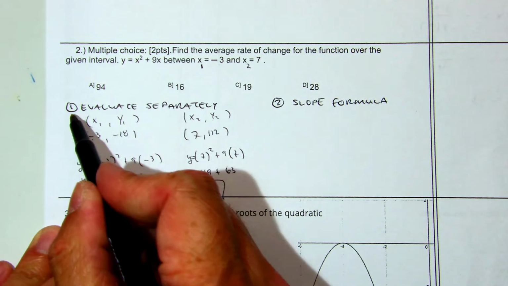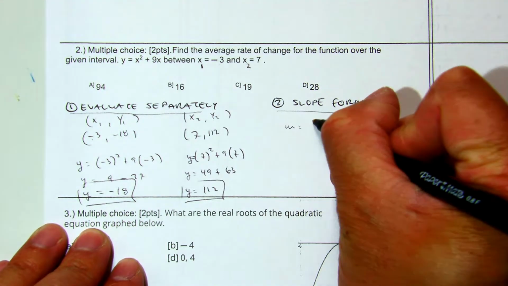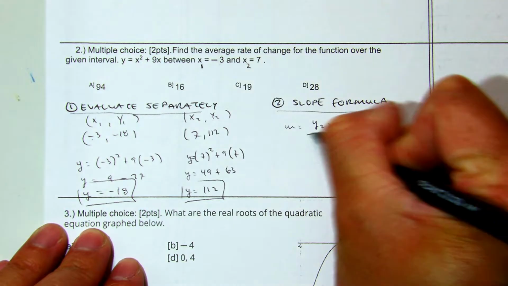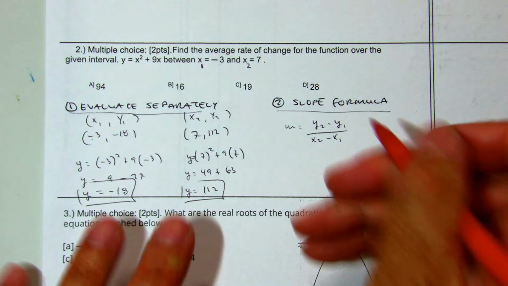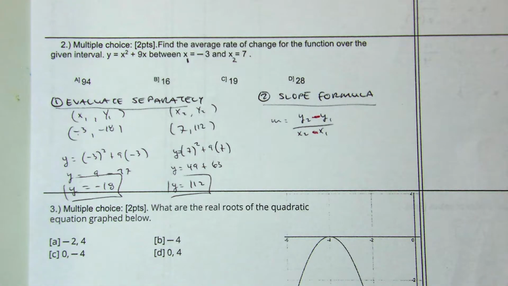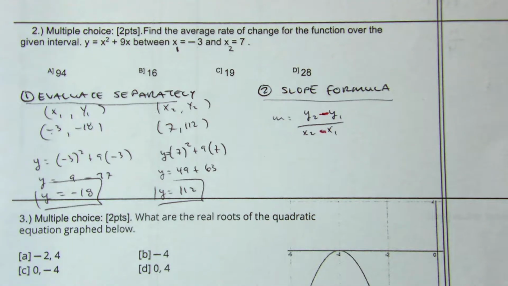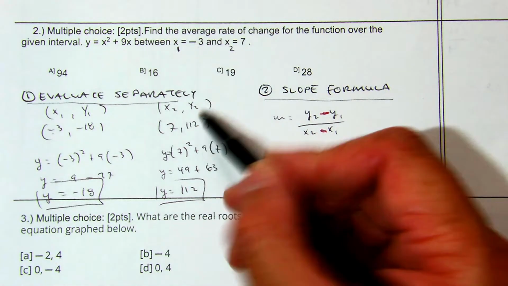We've just evaluated separately. Now let's put into the slope formula. m equals y2 minus y1 over x2 minus x1. I'm going to make sure I have this negative sign. Common mistake for students. My y2 value is 112.